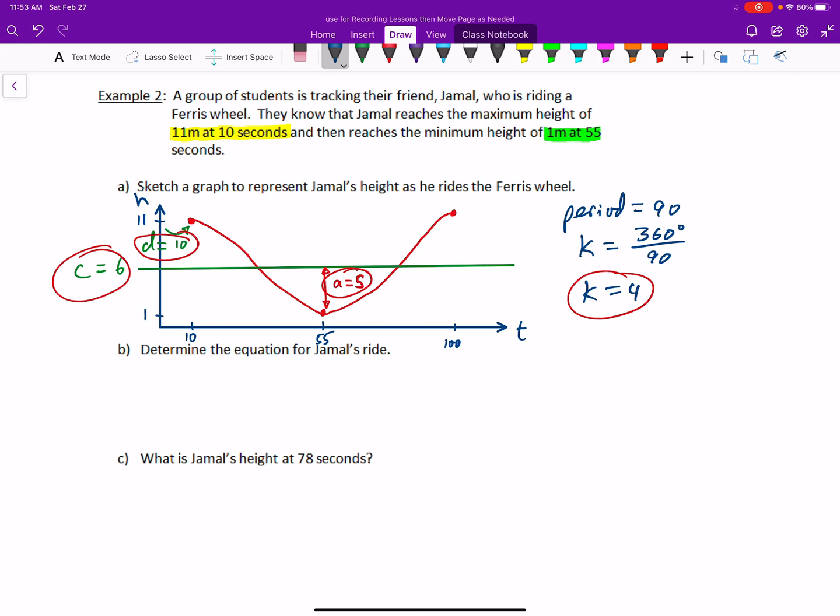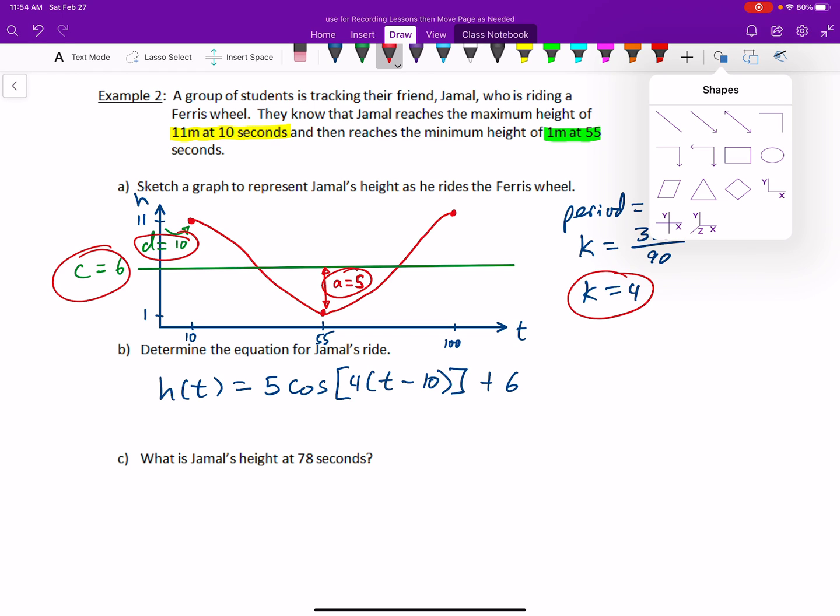So putting it together, h of t equals a, which is 5, cos k, which is 4, bracket t minus d, which is 10, end bracket, plus c. So it all fits together really nicely.